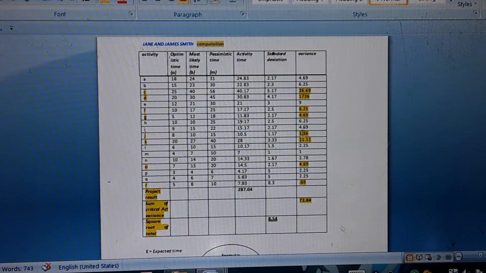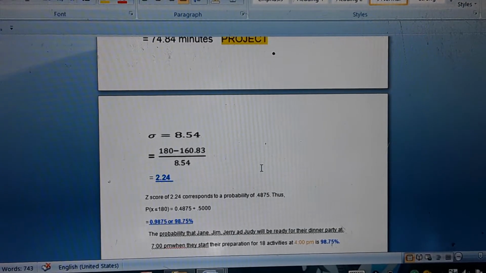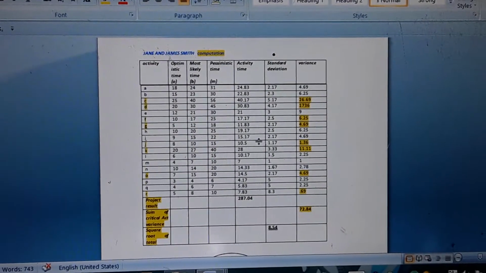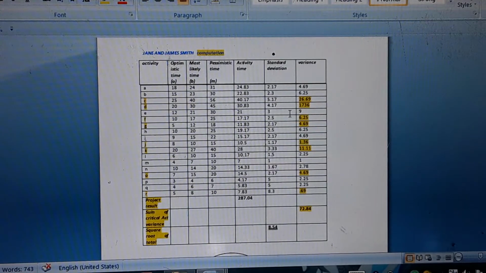So, how did we get this? We subtract the 180 from the 160.83, and we get the total standard deviation from the square root of the total variance.